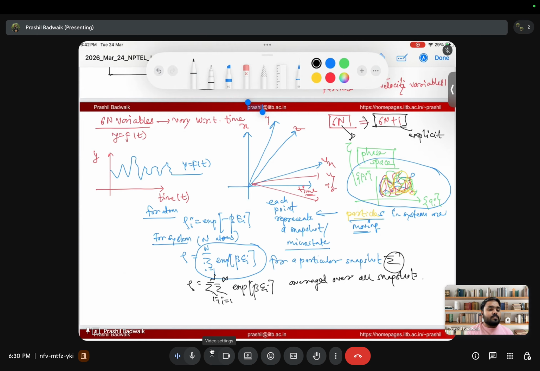Then we discussed something called Liouville's theorem, which tells you that the volume of the space is incompressible. So we take a very small volume fraction here, right? The small volume fraction will look like this.